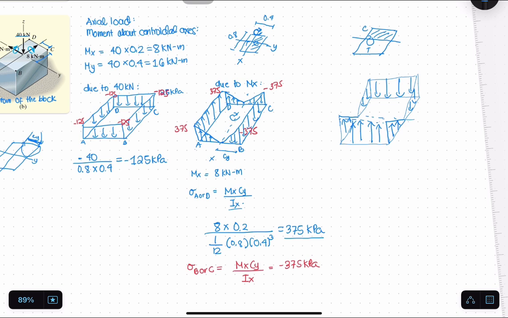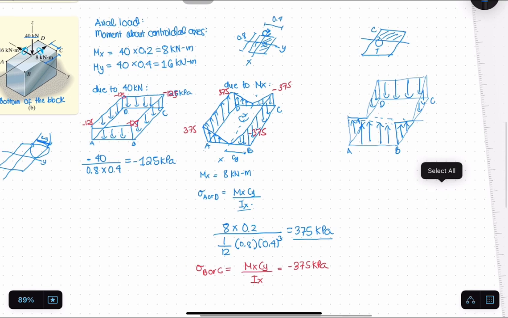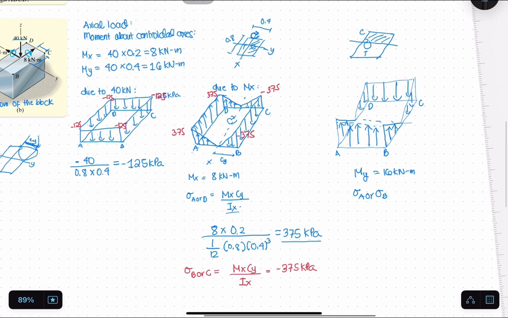Okay, so ano yung mga values ng mga stresses at points A, B, C, D? So, to get that, we will make use of our MY, which is 16 kilonewton meter. Then, ang magkapareho naman dito is si sigma A or sigma B. Okay, so to get that, we have MY, CX.